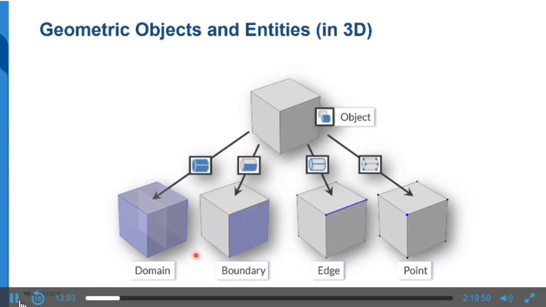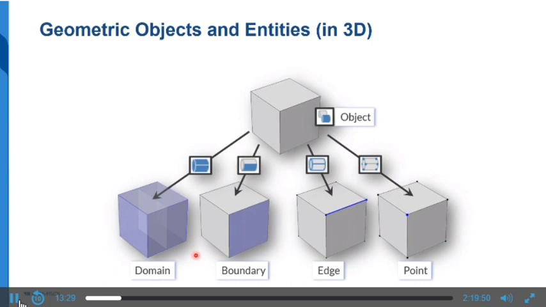If you are working in a 2D modeling environment, then the surfaces will be considered as domains and the edges will be considered as boundaries. So in general, whenever you are working in any space dimension, the highest dimension that you are working with will be considered as domain, and the subsequent ones will be considered as boundaries.